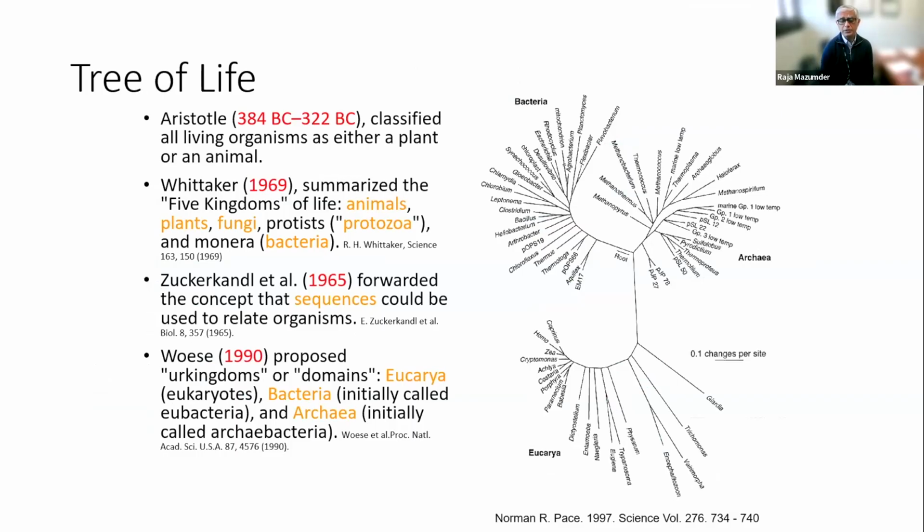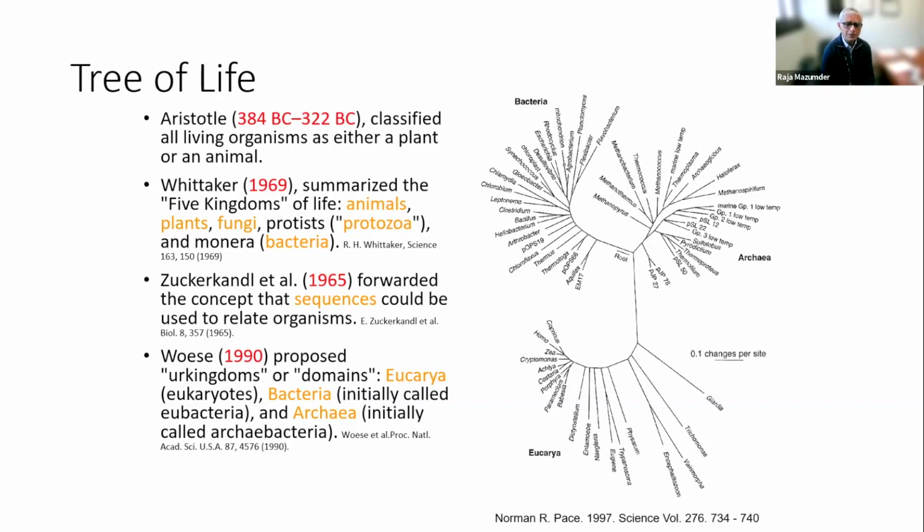I'm going to talk about proteins quite a bit because the glycans that we are presenting today in this workshop are mostly attached to proteins, and how we are capturing that information in GlyGen. So the tree of life, from 384 BC, Aristotle classified all living organisms as either plant or animal. And then Whitaker summarized them into 5 kingdoms: animals, plants, fungi, protists, and bacteria.